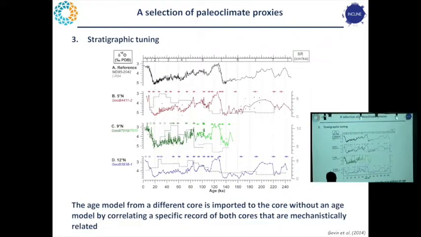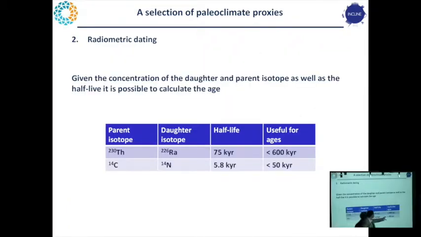This is a very nice way to date paleoclimate archives. There's a third possibility. Because these methods go back to a certain age, there are obviously others that go back to different ages, but they are not all applied to all kinds of records.